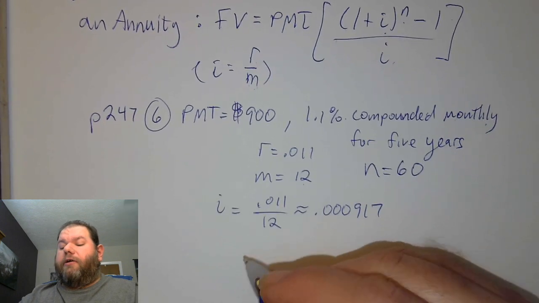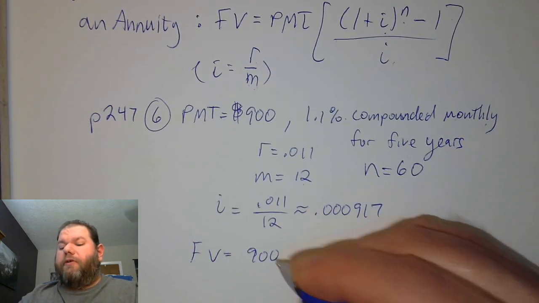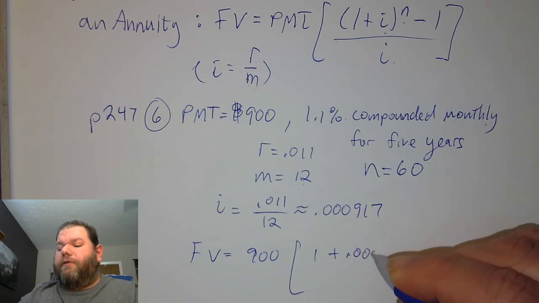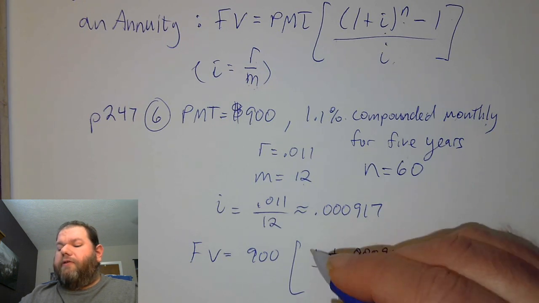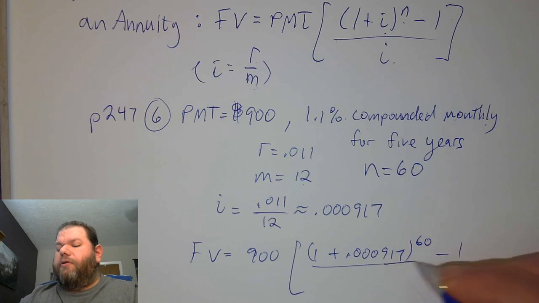So future value is our payment, $900, times 1 plus 0.000917 raised to the 60th power minus 1, over 0.000917.